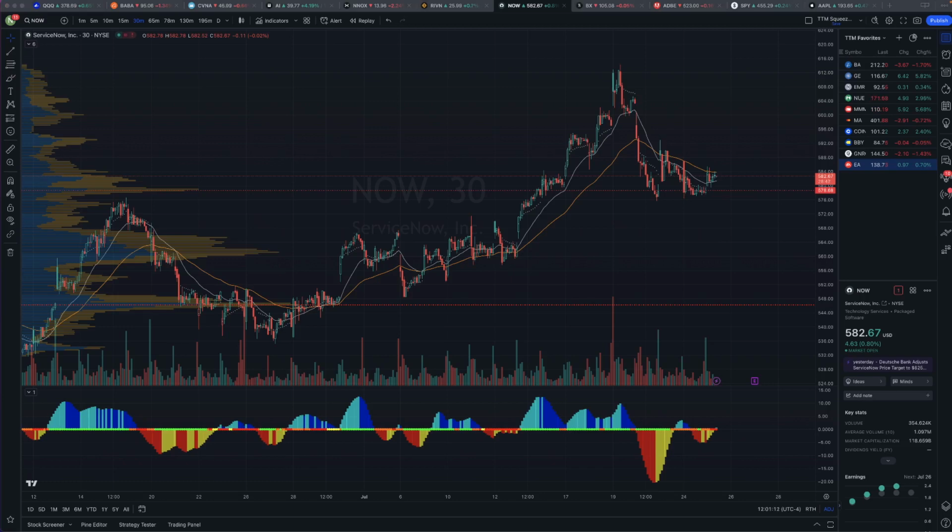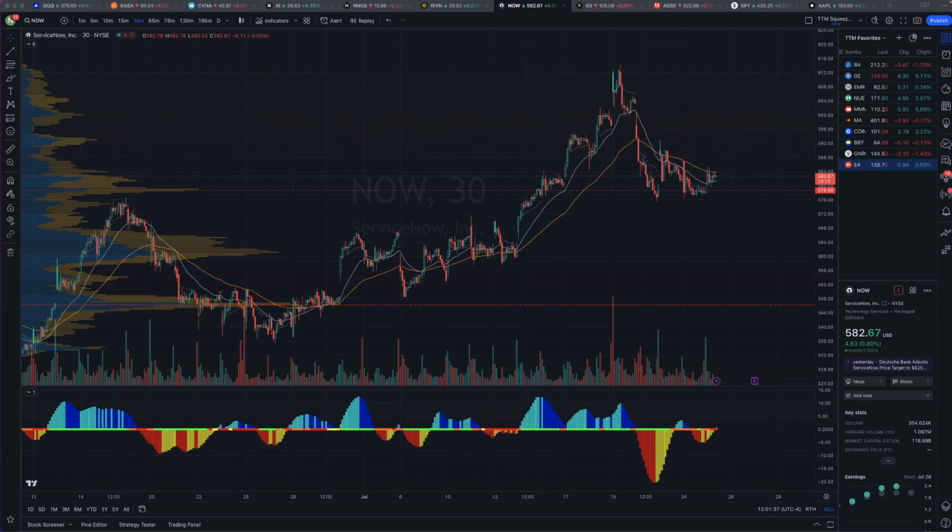Hold on, we might just have to ditch NOW. Hold on, or you have to have a pretty big account. That's the other thing we need to do. I mean, they're expensive as hell. They're playable though, in terms of the spread. And we have earnings tomorrow for NOW, so NOW gets crossed off the list.